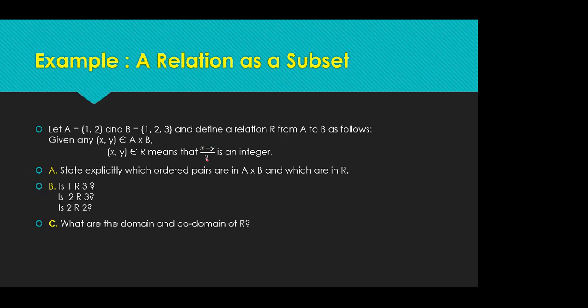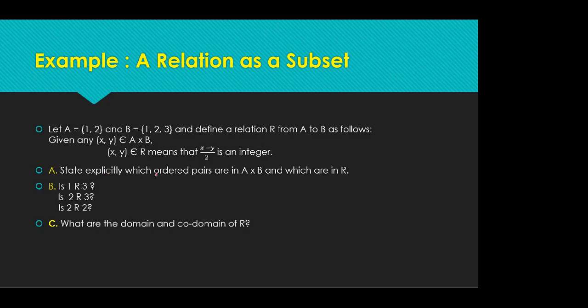So we have to meet this criteria for it to be a relation. You have to remember this criteria. X minus Y over 2 should be an integer for it to be an ordered pair as an element of R.